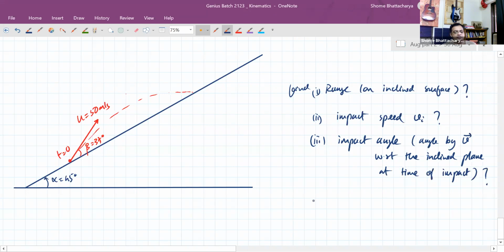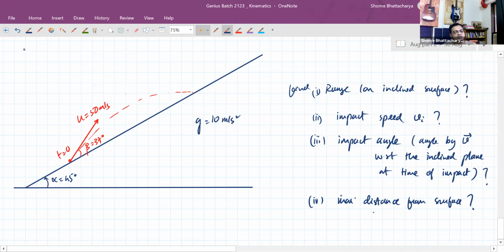We also want to calculate the maximum distance from the surface. What is the maximum distance to which it goes? Take g as 10 meters per second square numerically.